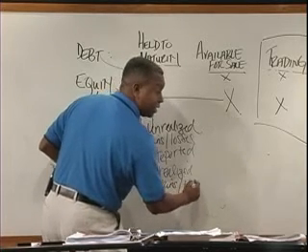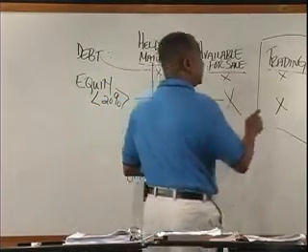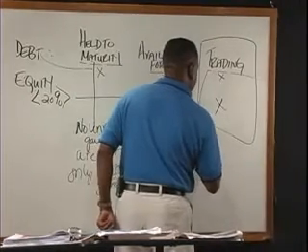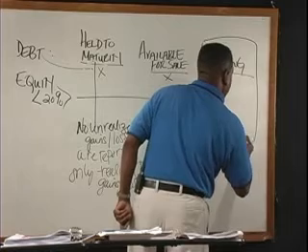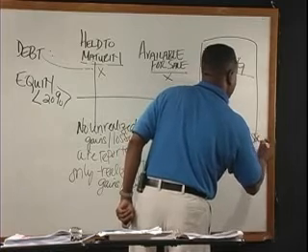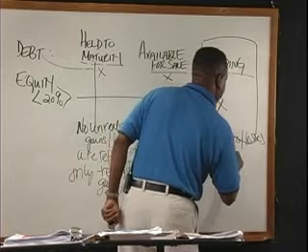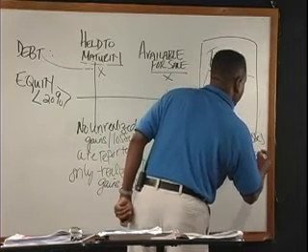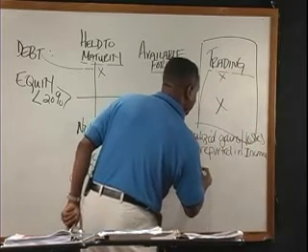Can you see that? All right. Now, trading securities, on the other hand, unrealized gains and losses are reported in income, as well as realized gains and losses.